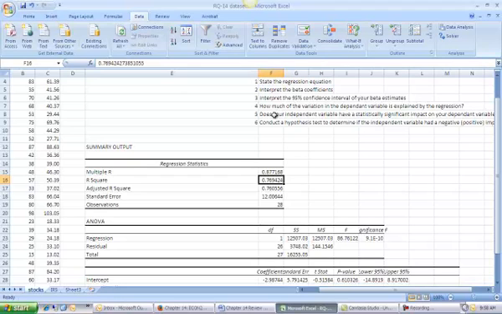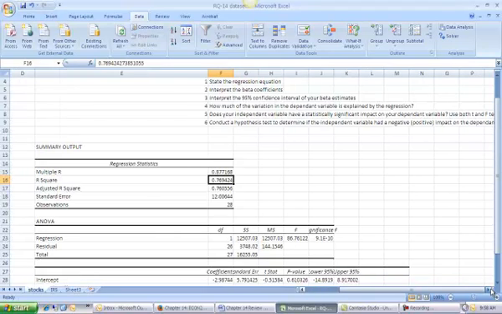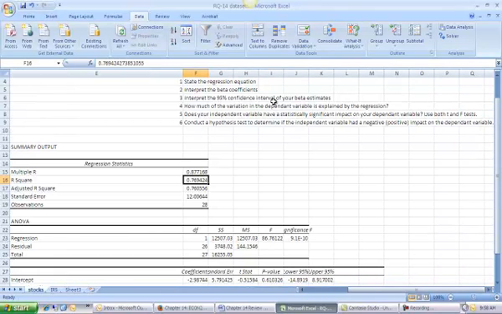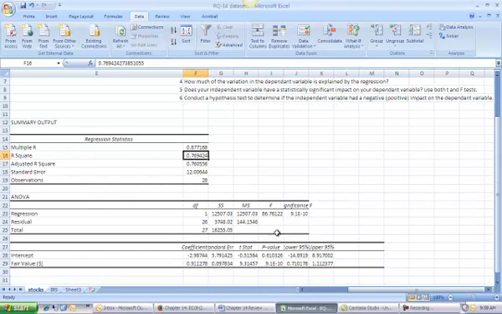All right, does your independent variable have a statistically significant impact on your dependent variable, using both the T and F tests? What that is asking is: is a particular beta equal to 0, or is it not equal to 0? So is beta fair value equal to 0? That would be my H0.